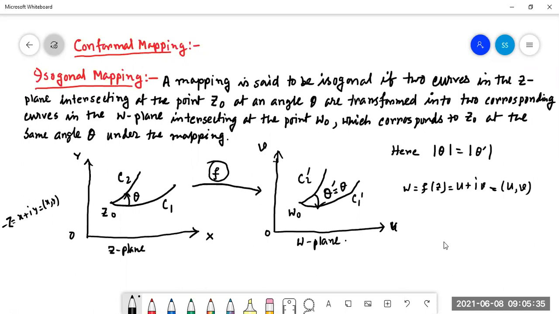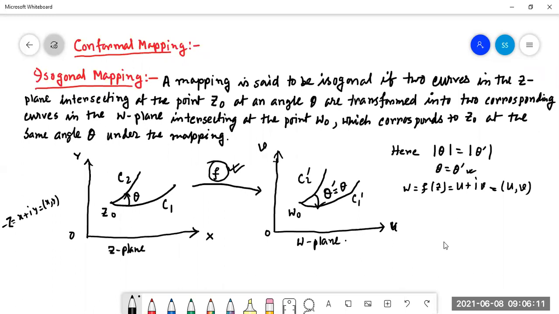Now it is clear. The total picture from the z plane is translated by this mapping into the w plane. Here the angle was theta, and here the angle theta dash equal to theta. That means only the measurement is equal. Then we can say that the mapping f is isogonal. If the sense is also the same, that is if theta equal to theta dash, then this f is called conformal.